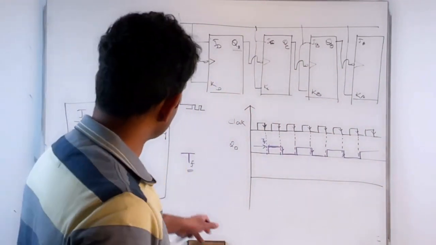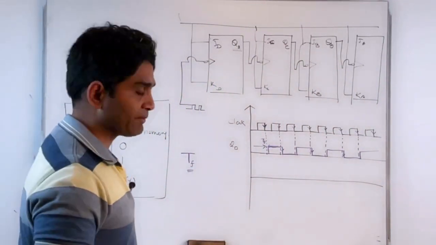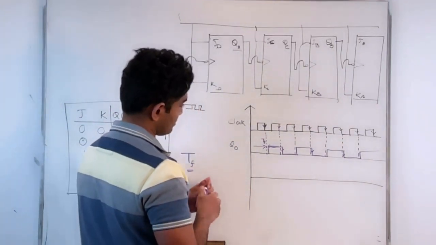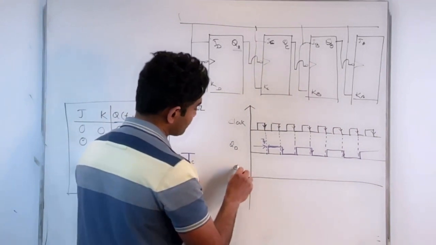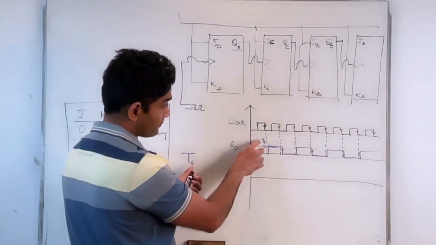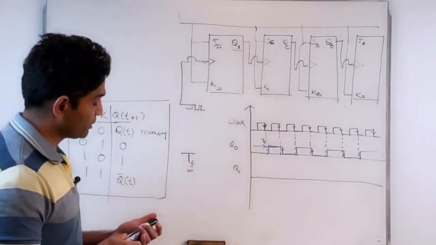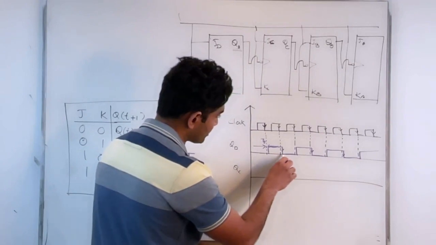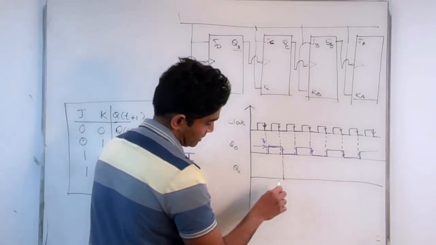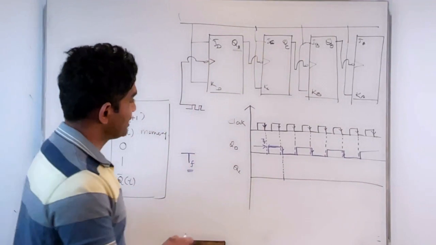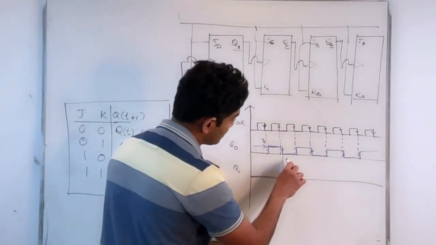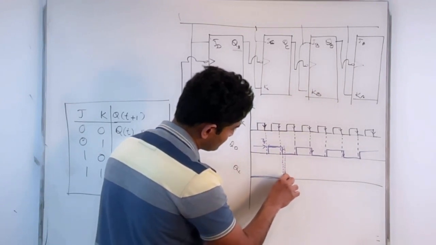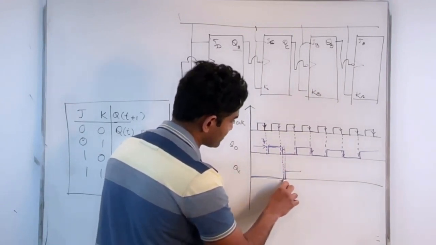Because we consider TF to be the average timing delay for each flip-flop, my QC would be switching with a timing delay of TF with respect to QD. So QC, instead of switching right here, where you would expect the flip-flop to switch, would switch with a timing delay of TF seconds. That's TF seconds again.